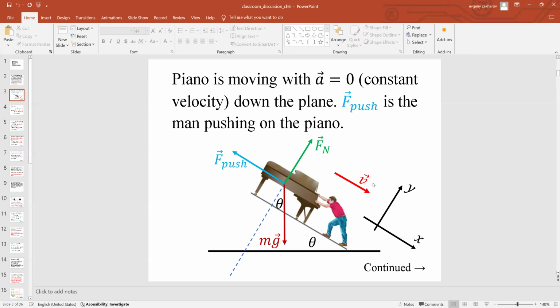The velocity shows the direction of motion and shows the displacement vector as well. Whatever is the displacement direction, that's the velocity direction. So displacement is downward, down the incline, and the push is exactly opposite. So what kind of angle are we talking about? It's the angle of 180 degrees.